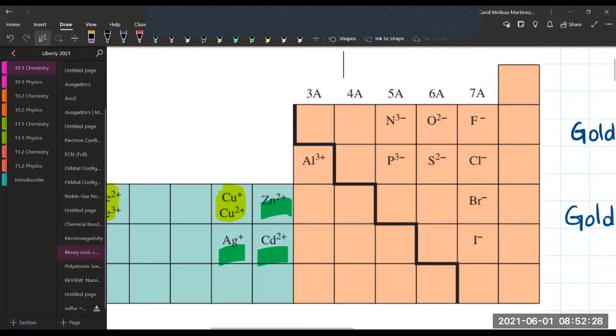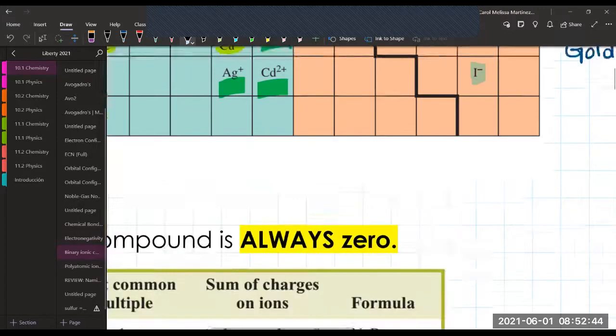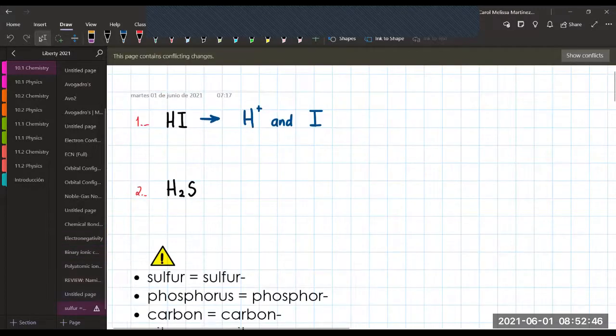So every time you see a binary acid, this is the charge that you have to use. Now let's focus on the element iodine, okay? Iodine has a charge of -1. So we go back to this and we write the charge above.